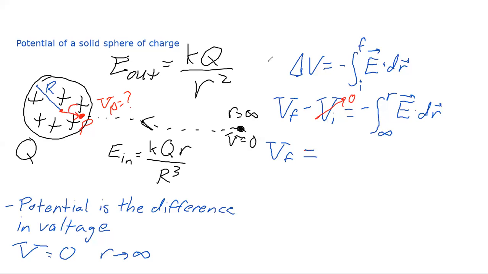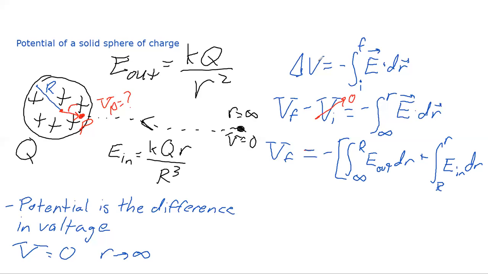How do we deal with that change in function in my integral? We have to separate the integral. I'm going from infinity to R, and that'll be E out, dr, plus the integral from R to lowercase r, and that'll be the function E in, dr.